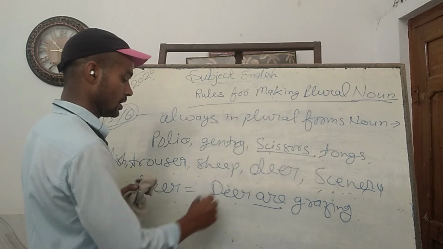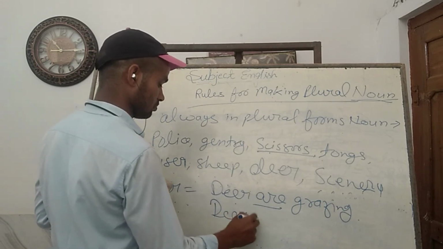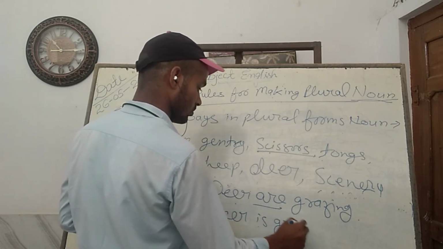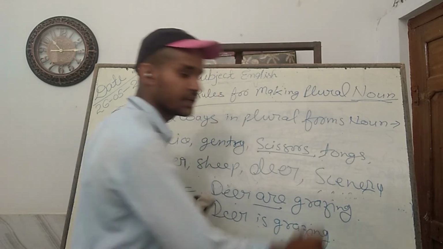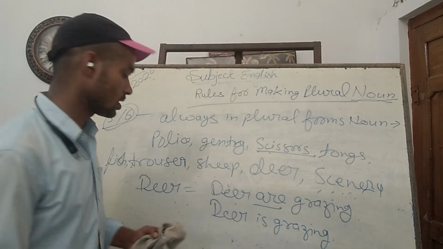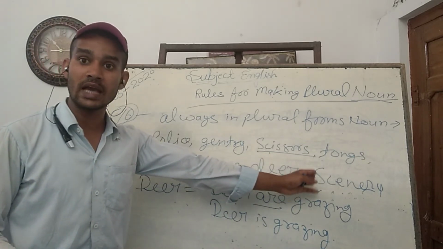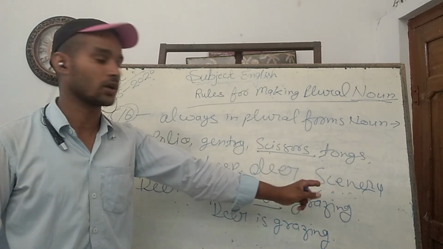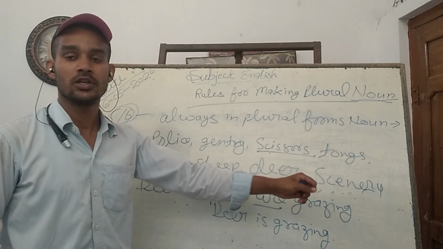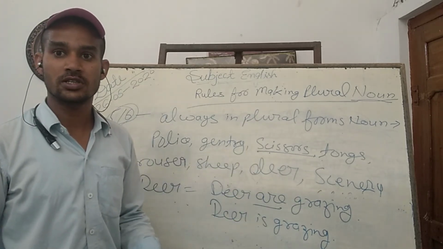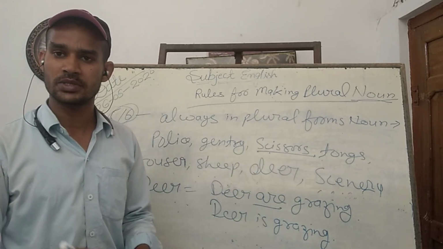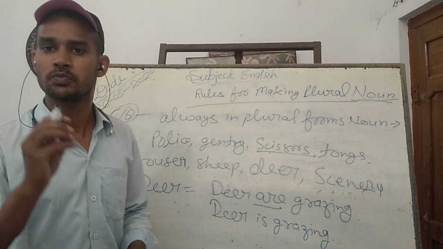Deer is grazing. हिरण जो है चर रहा है. In the same way, scenery is beautiful. Scenery are, it is 100% wrong. Scenery is beautiful. Scenery is attractive, because scenery is an abstract noun and an abstract noun never has its plural form.